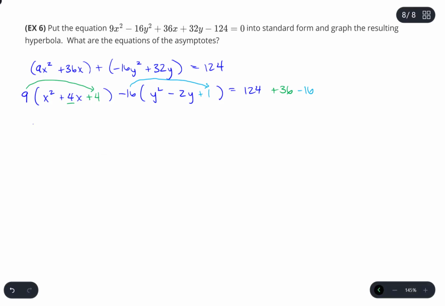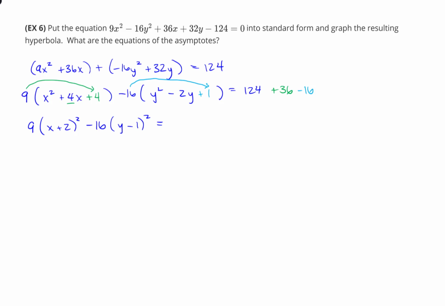So that means I have 9 times x plus 2 quantity squared minus 16 times y minus 1 quantity squared. And let's see, 36 minus 16 is 20, plus 124 would be 144.